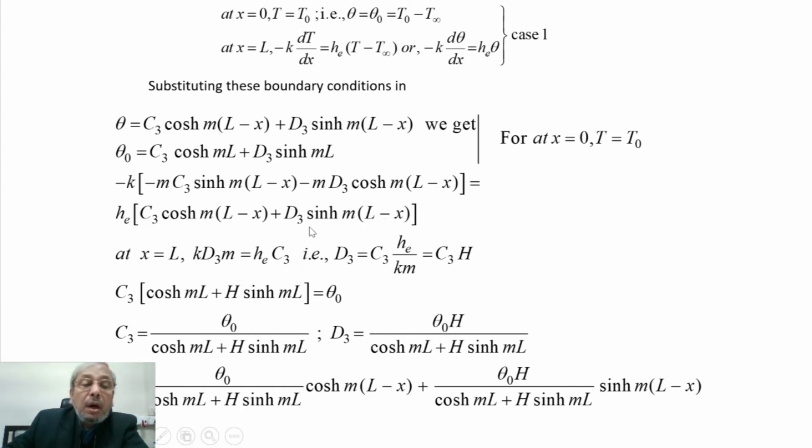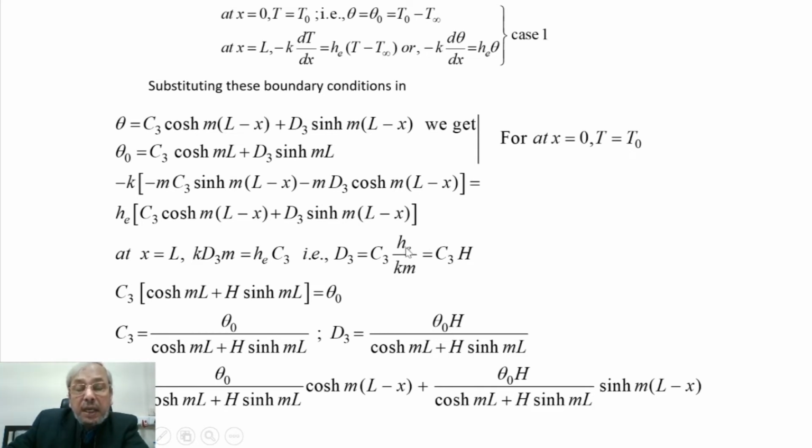So we will get from here D3 equal to C3 He divided by km, and now we define He by km as uppercase H. This is again a definition.